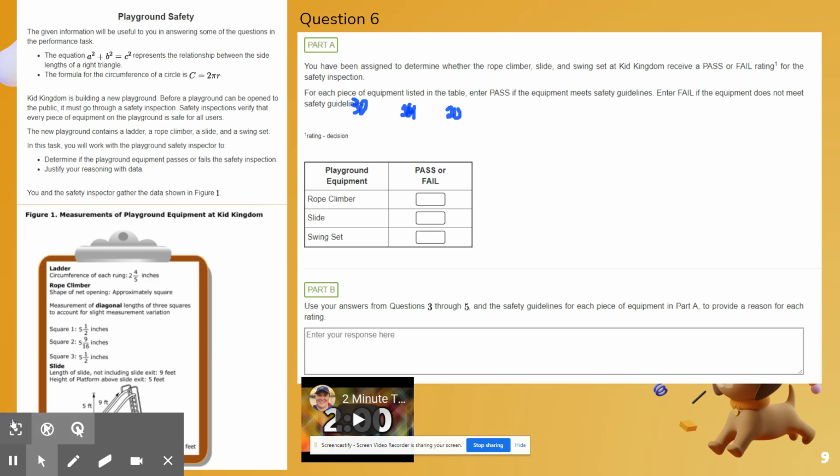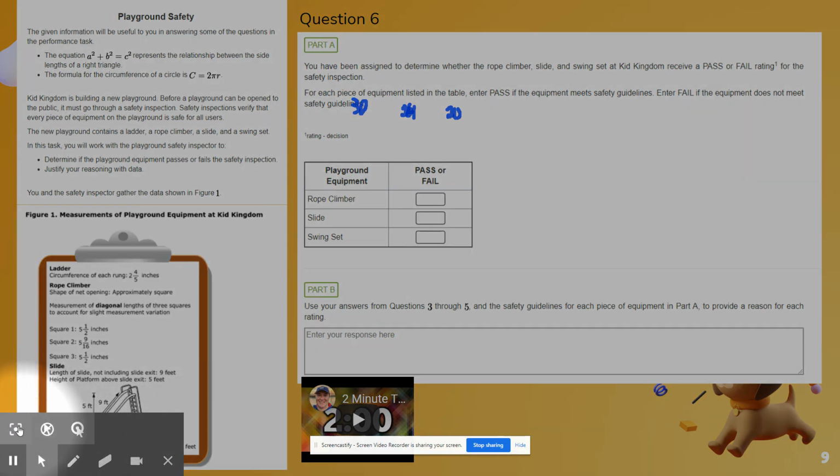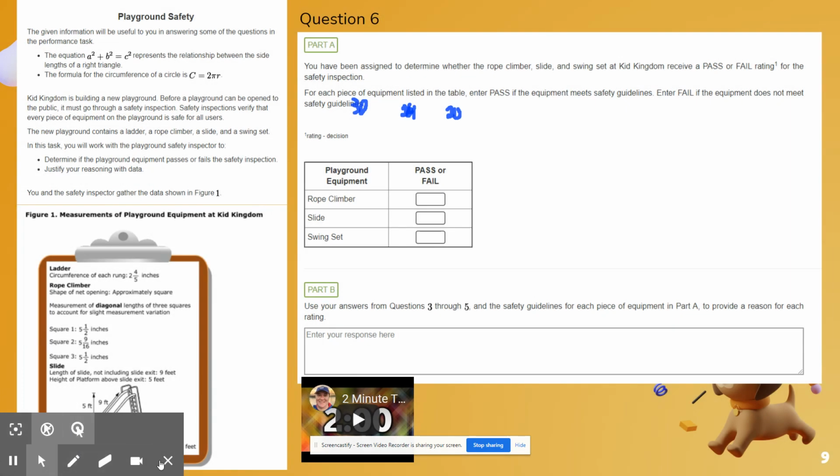That poses a bit of a problem, doesn't it? It says the number of swings is 4. The length from the end of the post to the end of the post is 16 feet.